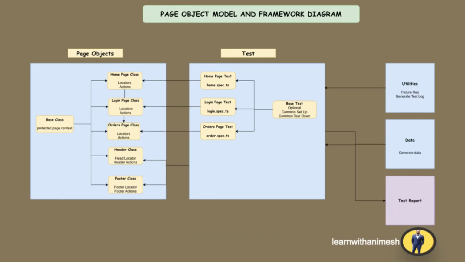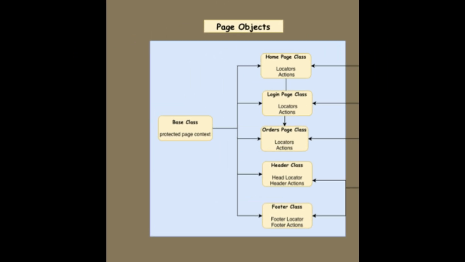Let's understand page object model with a diagram. On your screen, on the left side is the page objects, so let's imagine you are automating a web application which has multiple pages like home page, login page, order page, and there are header and footer menus. For all of those you will create separate files.